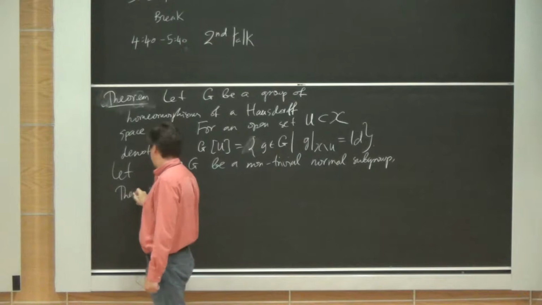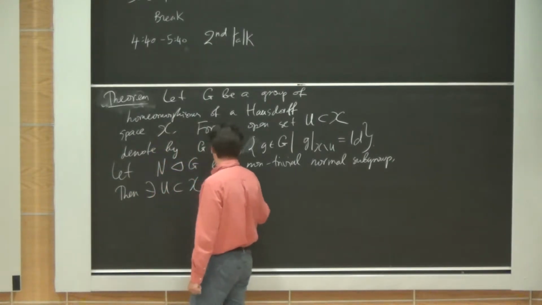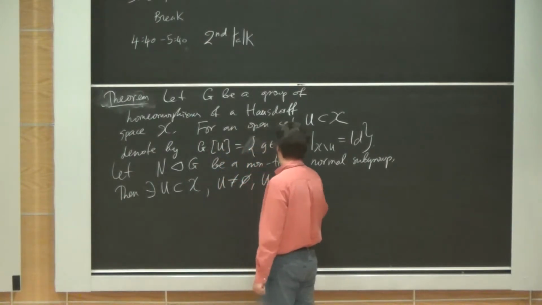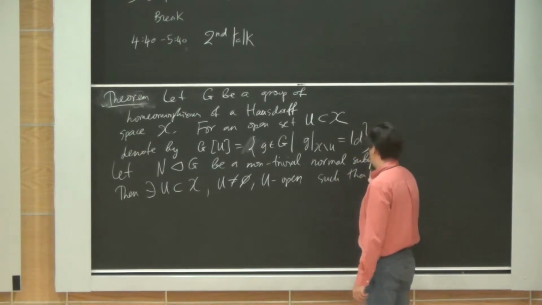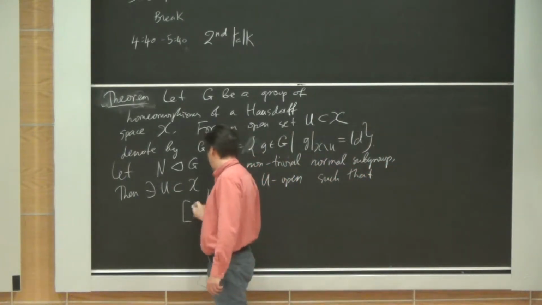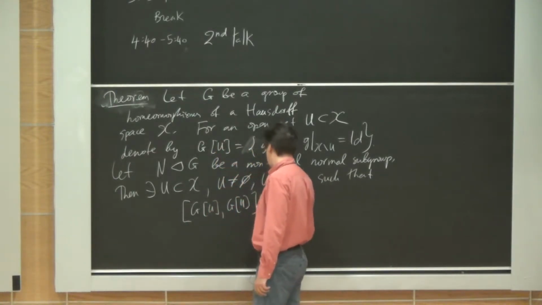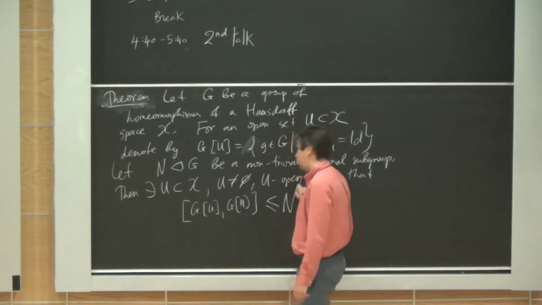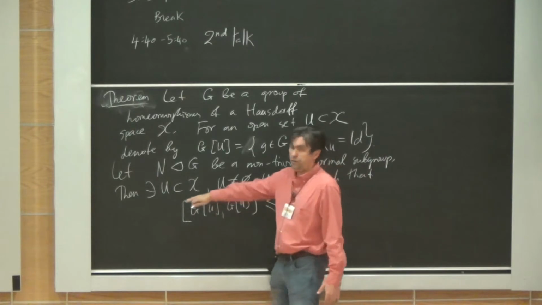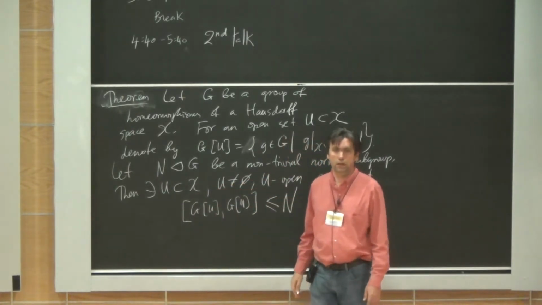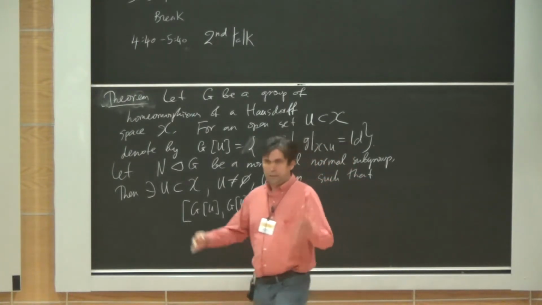Then there exists a non-empty open set U such that the commutator subgroup of the rigid stabilizer is in N. Moreover, of course, this is not a normal subgroup, so you can even take the normal closure of this, so you get a bigger group.